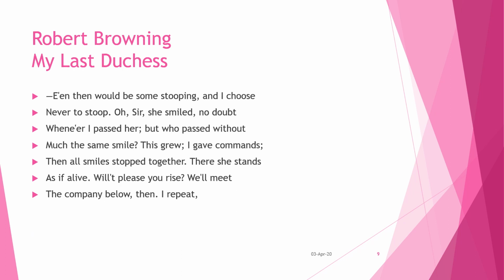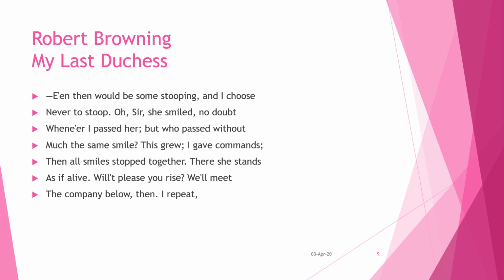Even then would be soon some stooping. I never belittle myself. And I choose never to stoop, and I never belittle myself. We will understand that he was belittling himself before the silent listener.